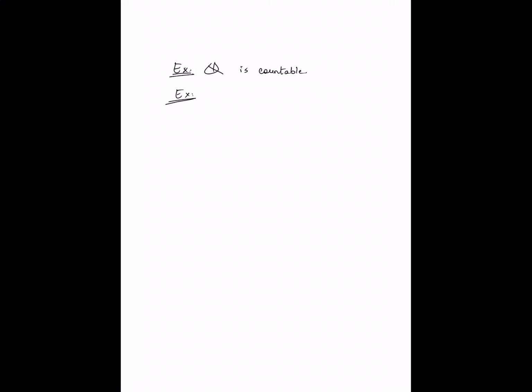Similarly, I leave it to you to show that the Cartesian product of the natural numbers with itself is countable. Now what is the Cartesian product? It is basically the set of tuples, two-dimensional vectors if you will, of the form (n, m) such that both n and m are natural numbers.